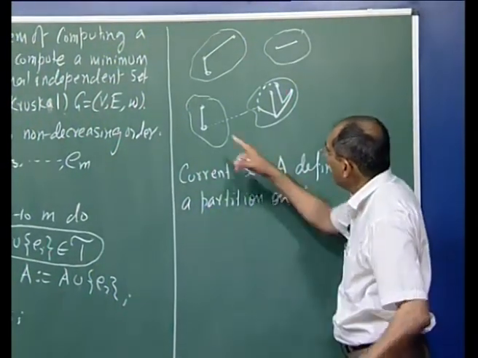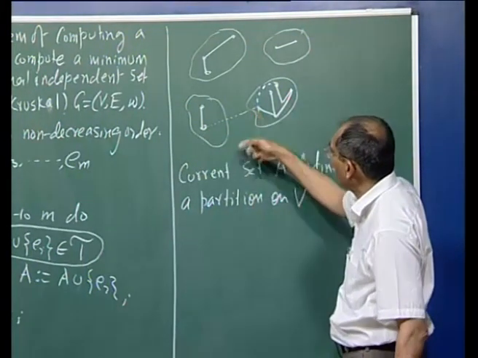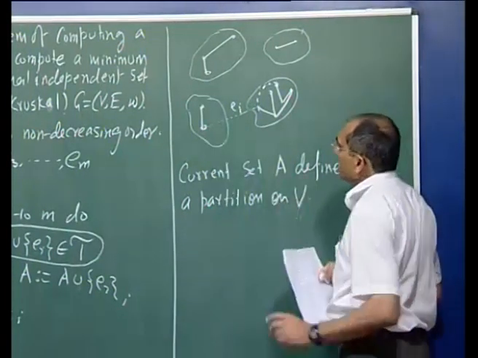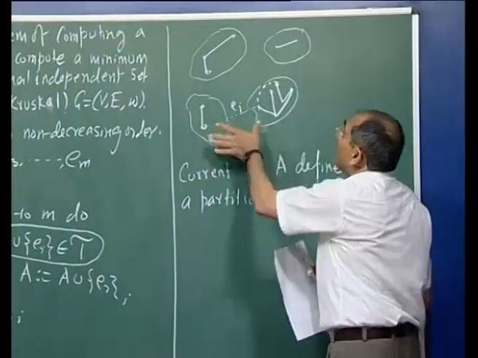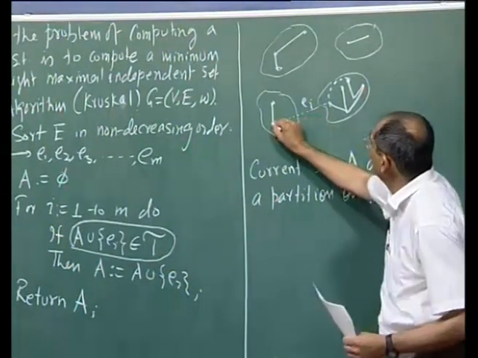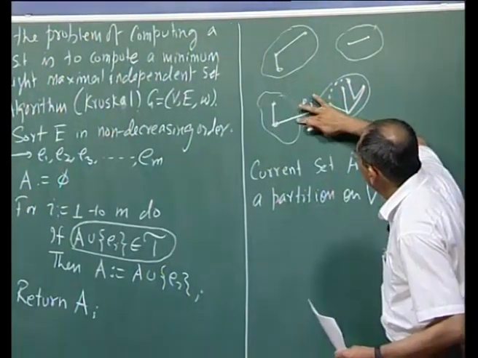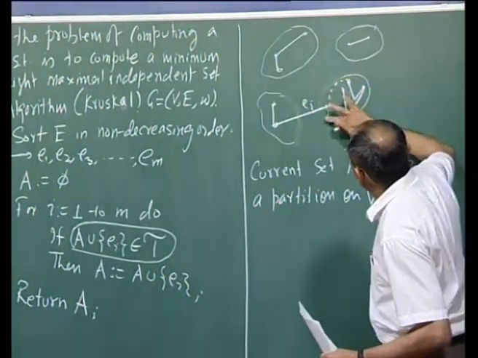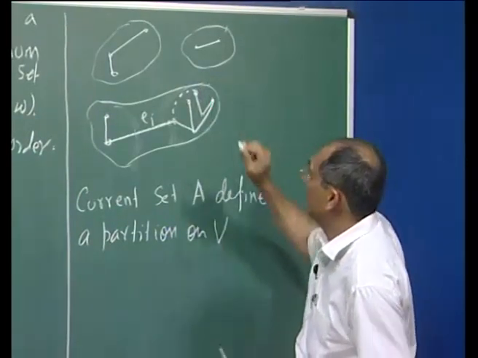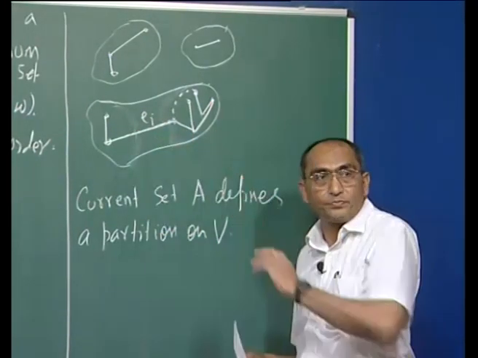Once it finds out, suppose this is the new edge, that the two end vertices of EI belong to different partitions, then I will incorporate EI into A, and then this will become a member of A, and the new partition will be the result of clubbing these two parts. I will have to combine these two.